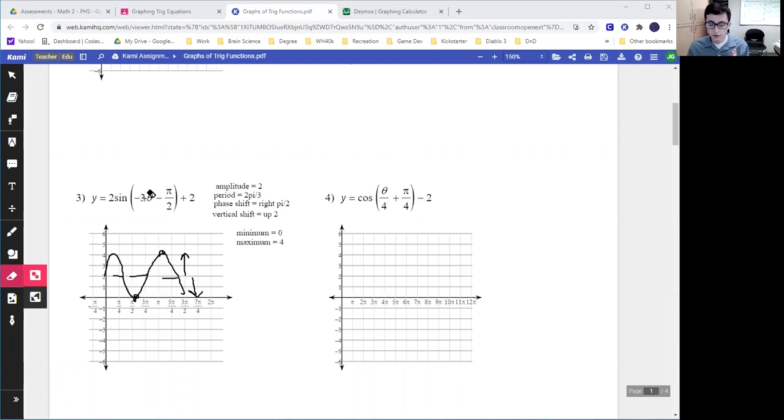Because we have a 3 here, it's going through the measurements at 3 times regular speed. So instead of it taking 2 pi, it takes 1/3 of that because it's going 3 times as fast. So the time that it takes is reduced because it's going faster than normal.